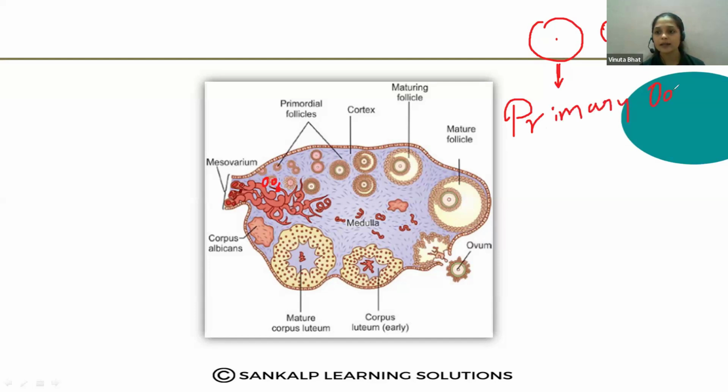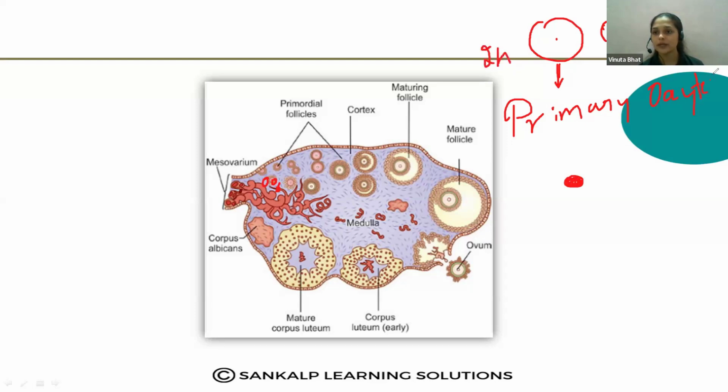Follow the steps carefully. The oogonial cell develops into the primary oocyte, which you can see here. Imagine the primary oocyte looks like this, produced from the oogonia. What is the ploidy of the oogonia? Can you write down the ploidy of the oogonial cell? It is diploid, right?